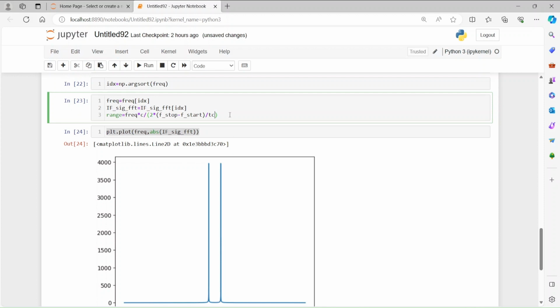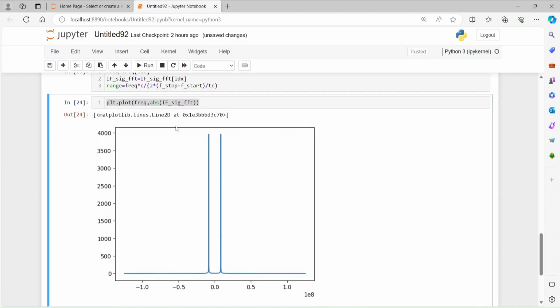I guess this equation is right, and I put range right here. So this is our range axis, converting that frequency axis to a range axis.